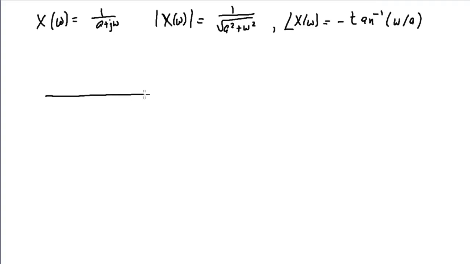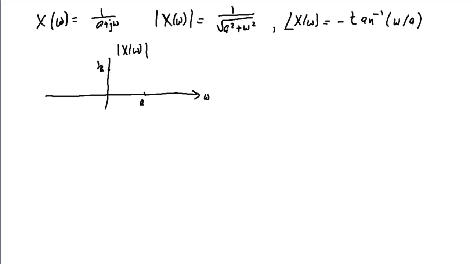And so I can sketch those. The magnitude of X of omega as a function of omega. Again, this is an entirely real function. You can find it at omega equal to 0, it's going to be 1 over the square root of a squared, or 1 over a. Another convenient point is at omega equal to a. I'll have 1 over the square root of a squared plus a squared, or 1 over the square root of 2 times a.